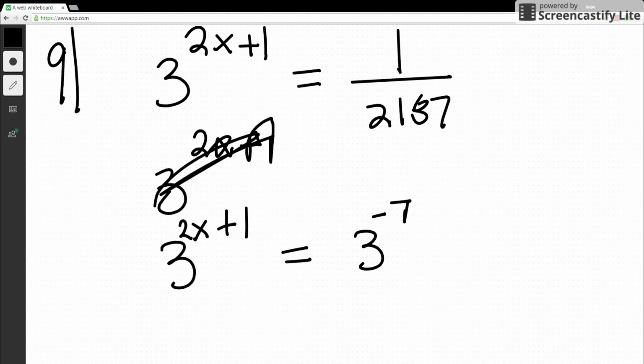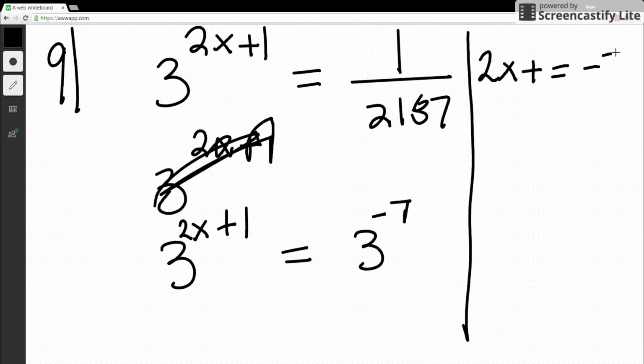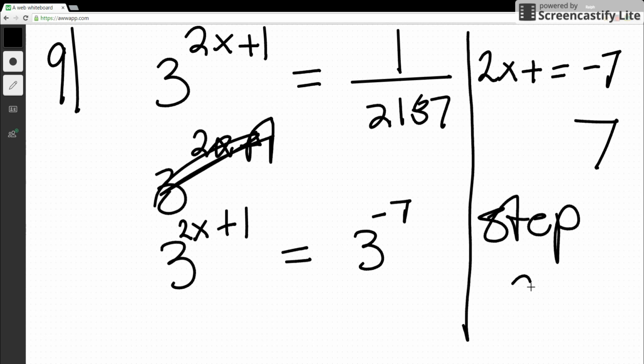Then I would set those powers equal to each other. That would be 2x plus 1 equals -7. If you look at the answer, they have it set equal to a +7. So that's where the mistake occurs. The answer is, it makes a mistake at step 2.